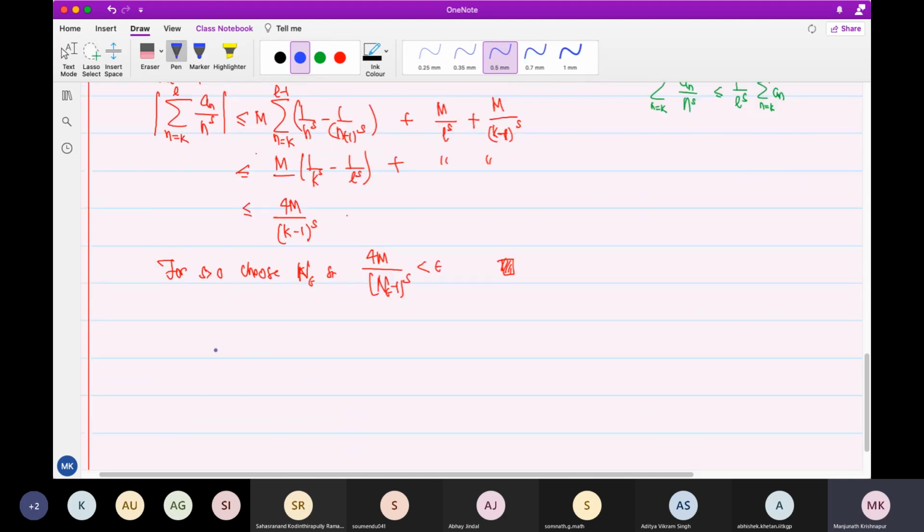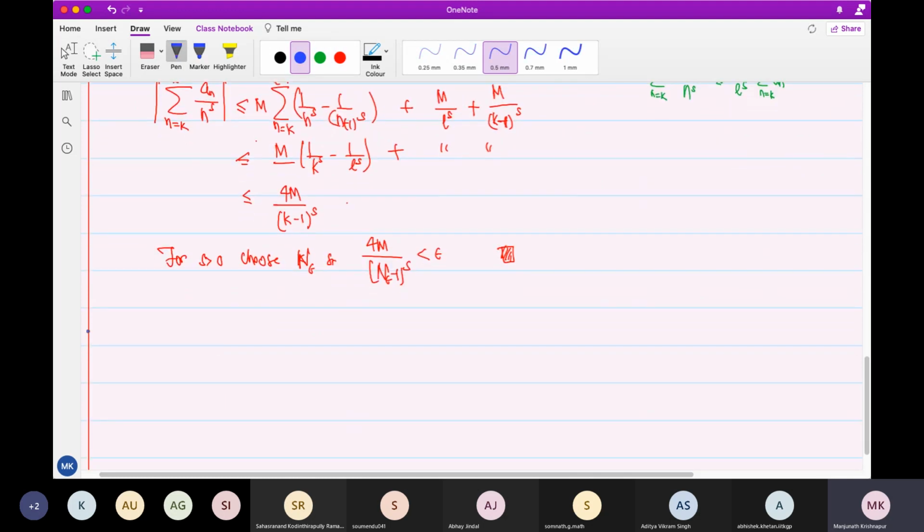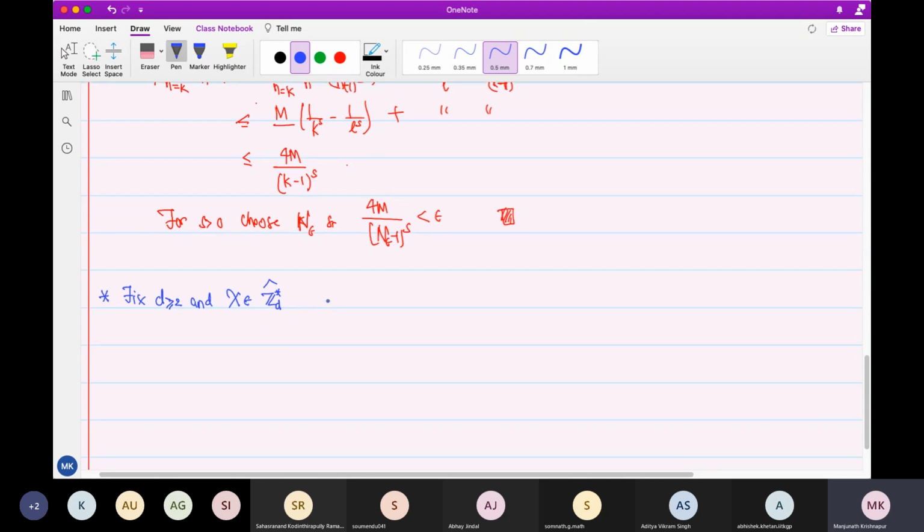So now let's come to L functions. Fix d greater than or equal to 2, and chi a character of Z_d star.